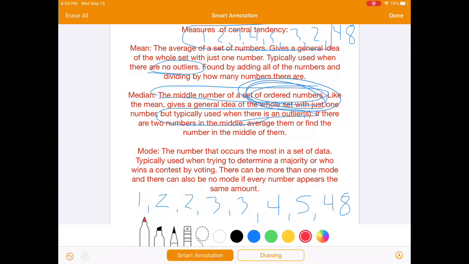A typical strategy is to start crossing off numbers from each end until we get into the middle, and you'll see we have 2 numbers in the middle, which isn't a big deal. If you have 2 numbers in the middle, you average them or find what's right in the middle of them. In this case, it's just 3. So the median is 3, and that 48 didn't really mess it up at all. 3 is a good generalization of this data set.